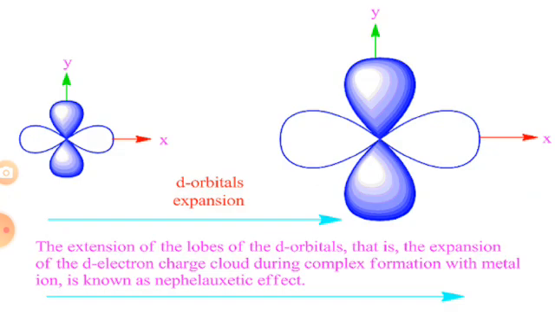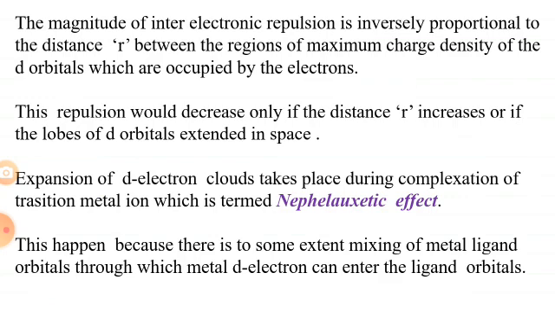Now in this picture we can see expansion of the d orbital, which is the Nephelauxetic effect. Because of that, it leads to more reduction in electronic repulsion. The magnitude of interelectronic repulsion is inversely proportional to the distance r between the regions of maximum charge density of the orbitals occupied by the electrons.